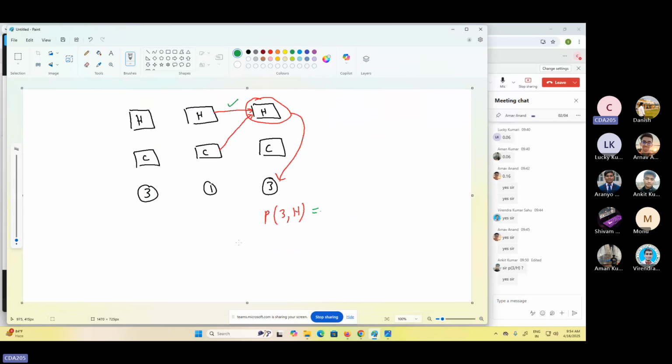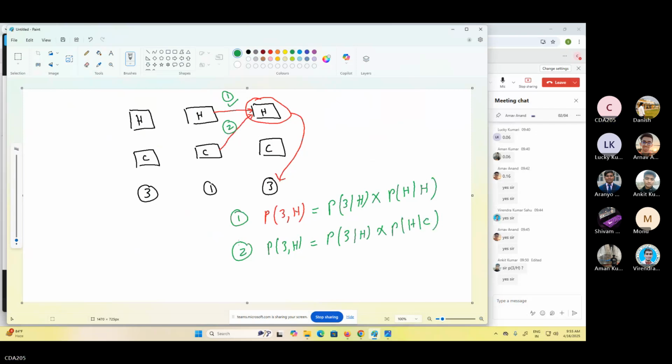So this path will be P3H into H to H, that is PH by H. This is one path, and the second path will be P3H into PH2C. These are the two paths.